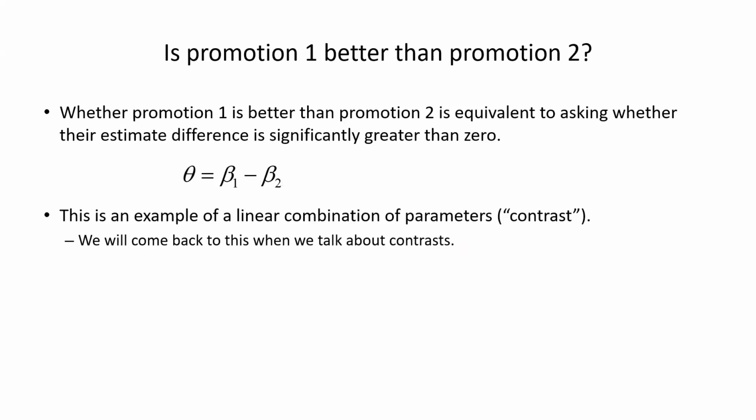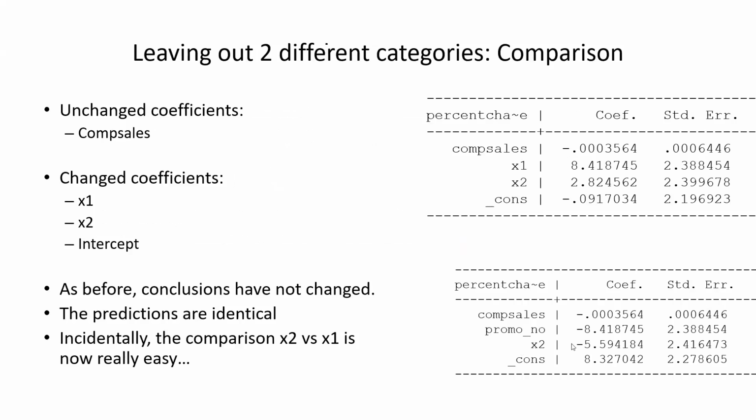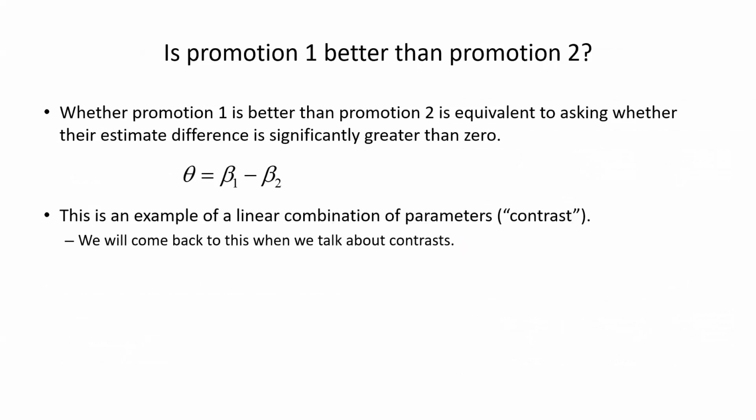Well, here it was easy to answer because one of them was 0, right? The coefficient of the left out category, the baseline category, is 0. So I know exactly it's minus 5.59. Here I have a beta 1 and a beta 2, and I have to take the difference. And this will also turn out to be exactly 5.59. It has to, because these things have to give the same answer in the end.